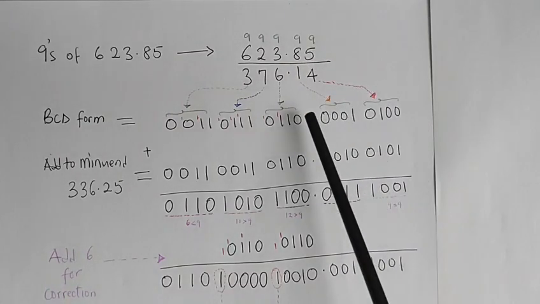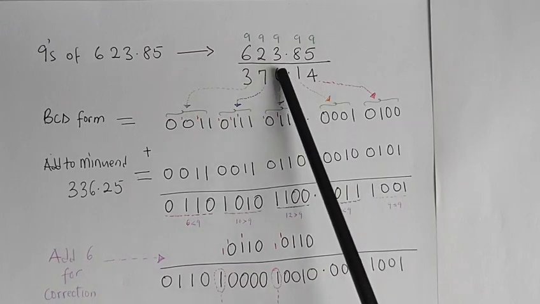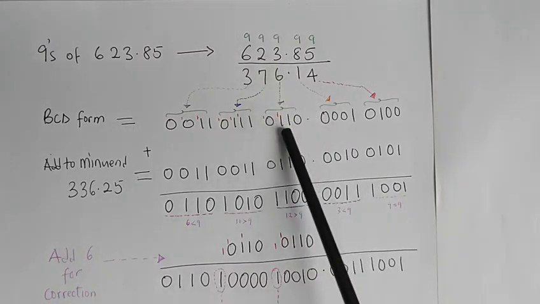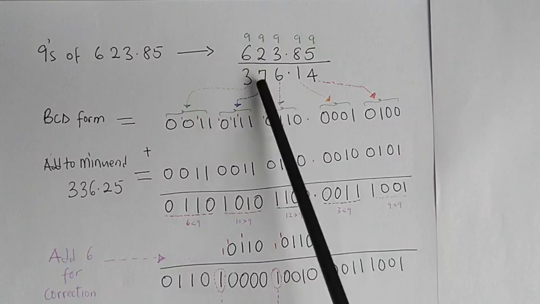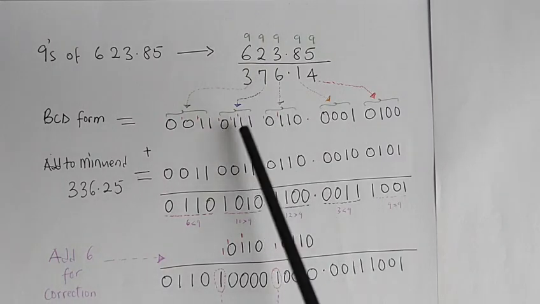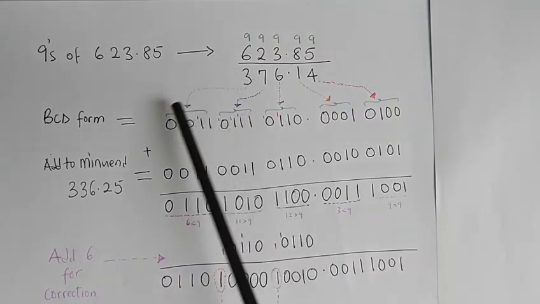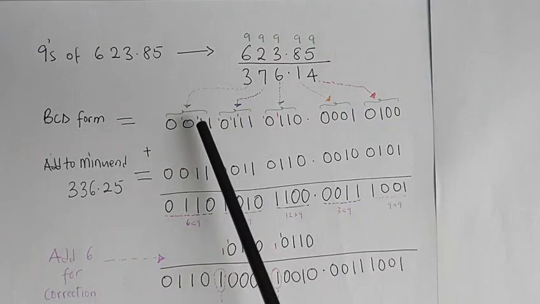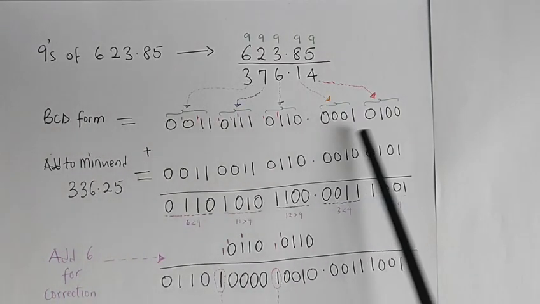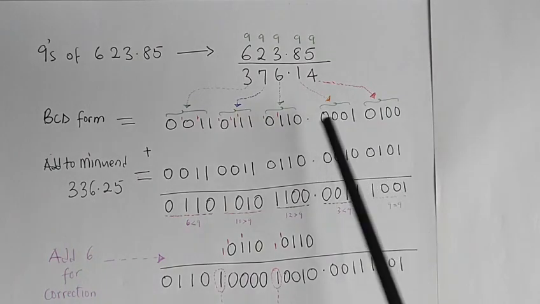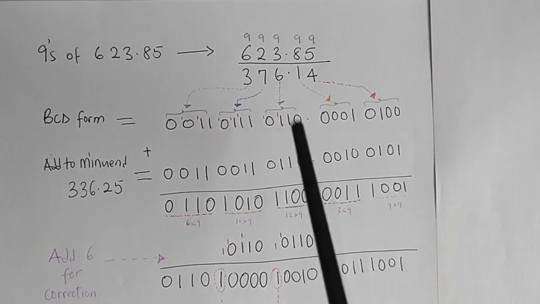We have the dot. The BCD form of 6 is going to be 0110. The BCD form of 7 is going to be 0111. And finally the BCD form of 3 is going to be 0011. So this is what we need to do, converting the result into BCD form.